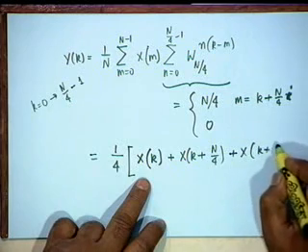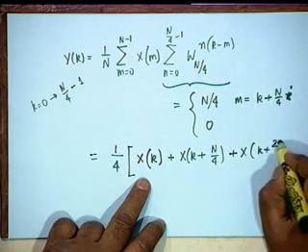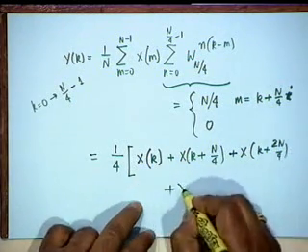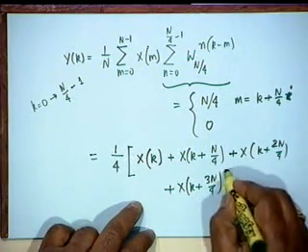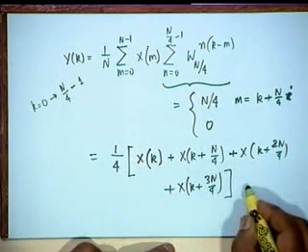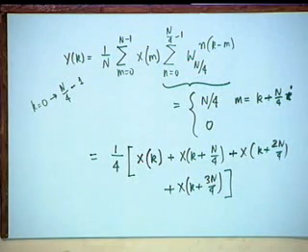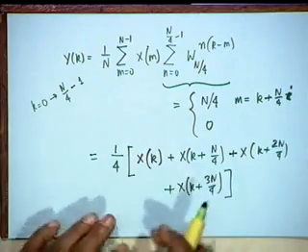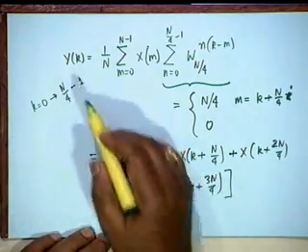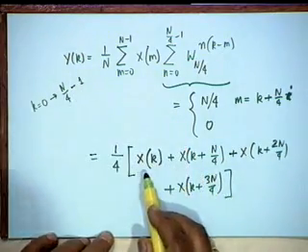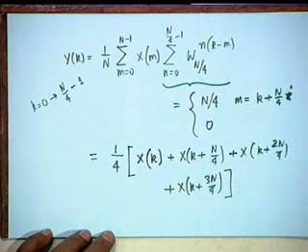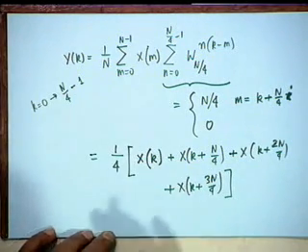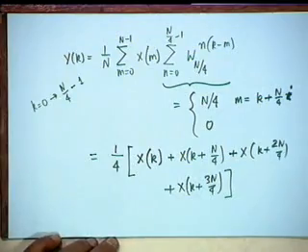Another 2 terms, x of k plus 2n by 4 plus x of k plus 3n by 4. Why do we end here? Because the next one is simply xk, it is periodic. Therefore yk becomes a sum of several versions of capital X of k. I think I am right, I think I have not missed anything.